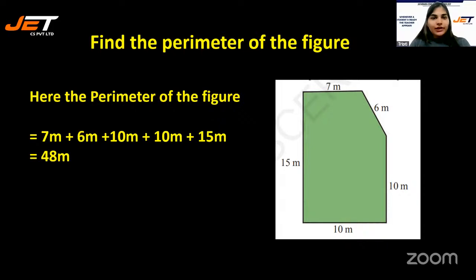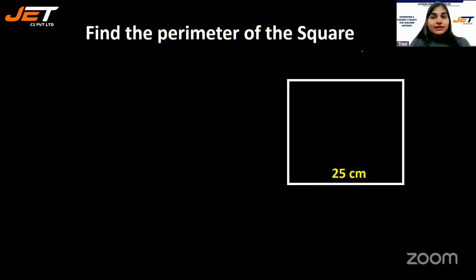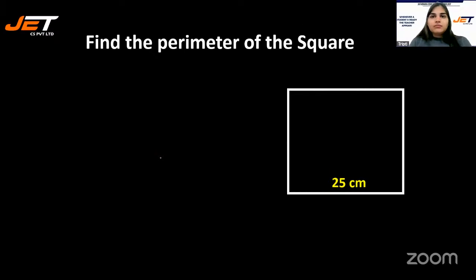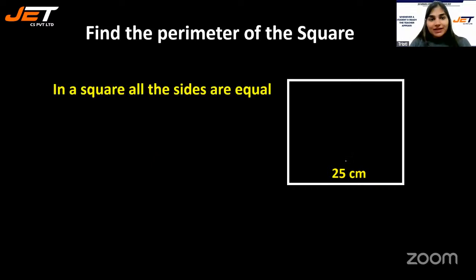Okay, moving on. Find the perimeter of this square. You know that in a square, all the sides are equal. So if you need to find the perimeter of the square and only one side is given, it doesn't matter, because all the sides of a square are equal. One side is 25 centimeters, so all the sides are 25 centimeters.